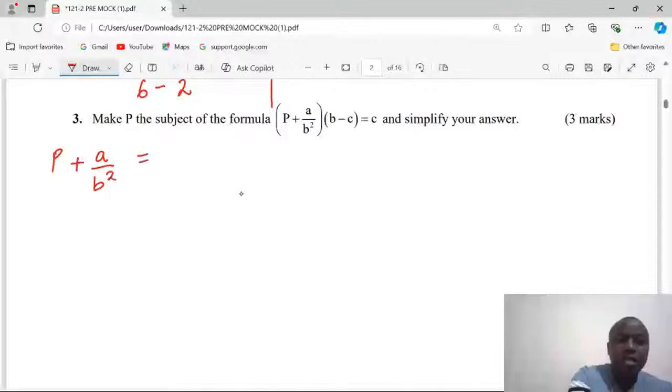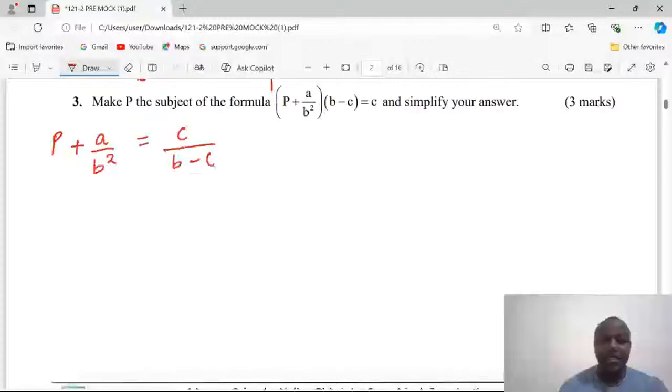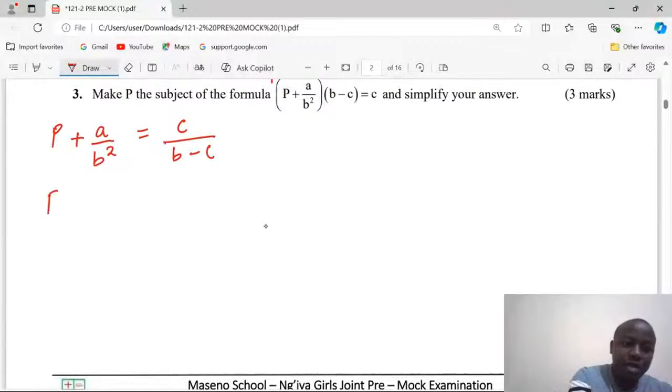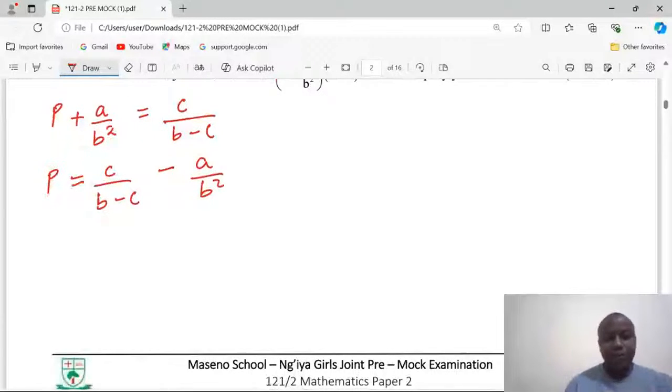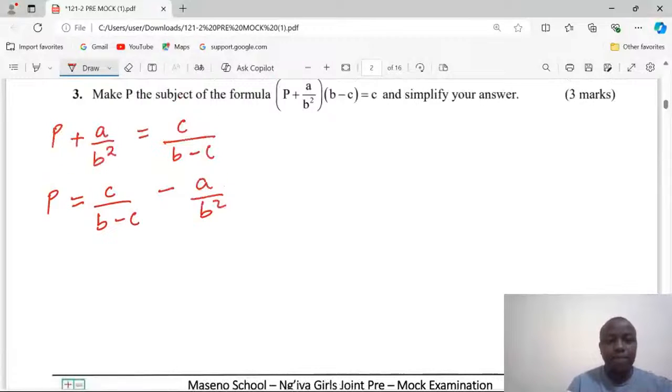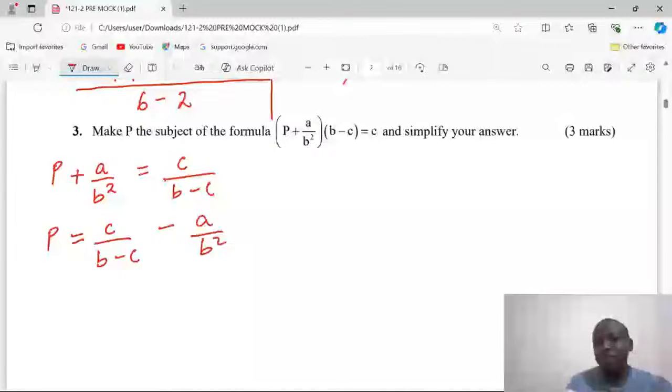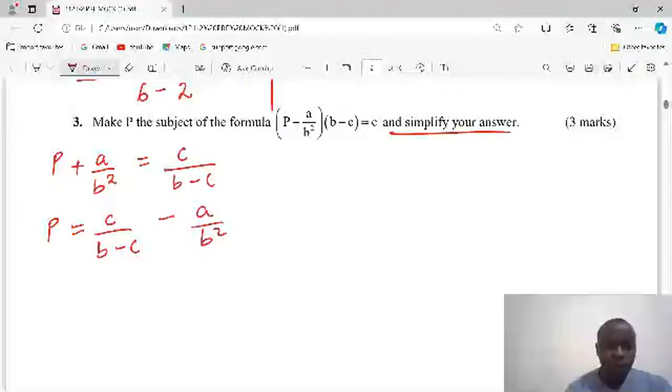Then this is going to be equal to C divided by B minus C, as we divide it through by B minus C. Then we continue again to remain with P. We shall have C divided by B minus C, then we subtract A out of B squared. Again, now we are going to simplify the right hand side because the examiner is saying, and simplify your answer. So we don't leave it at that.